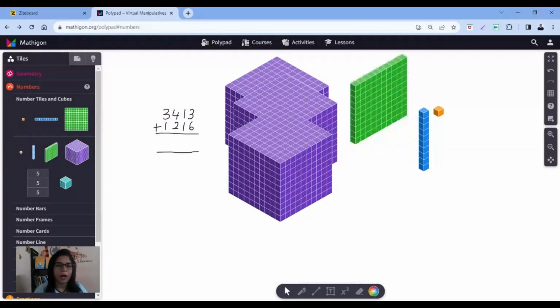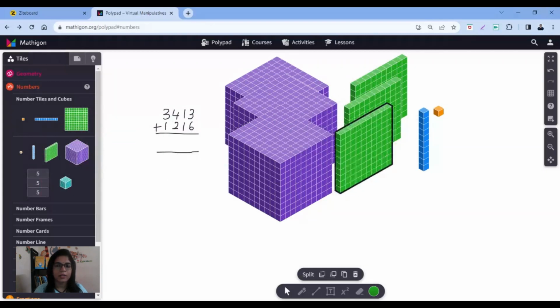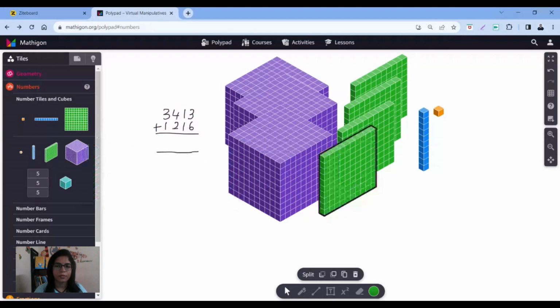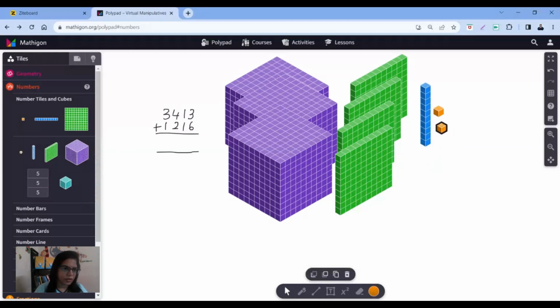So it's 400, we need four such things. Then 13 means you just need one 10 and three ones. So the first number looks like this.